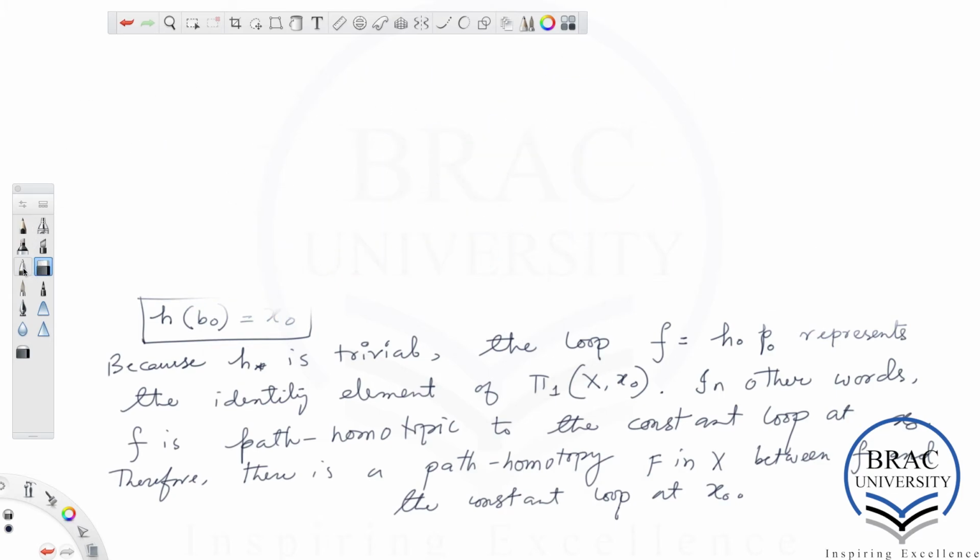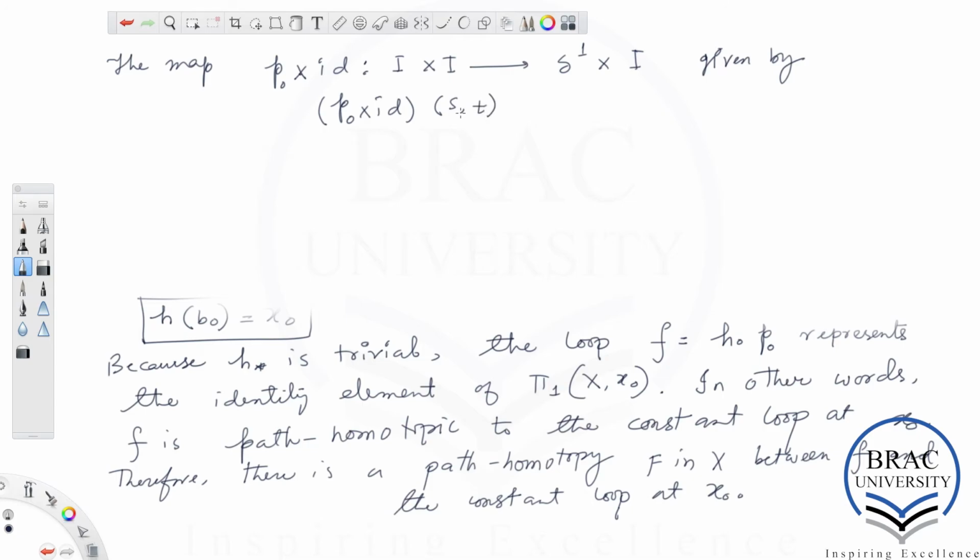So let me get rid of this part. Now focus on this map P0 times the identity map. Since P0 is a loop on the unit circle, it's a map from I to S1, right? And the identity map is a map from I to itself. So P0 times the identity map is going to be a map from this product space I cross I to this product space S1 cross I. And that's given by P0 cross ID acting on (s, t).